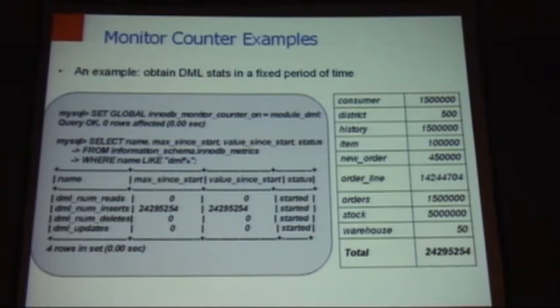If you do a select count for each of those tables, you add it up. That's exactly what the number is. And when you select from this table again, you will see the number of reads become 24 million as well. So that does all the scans. So this is just a simple, more intuitive example to see what it can give you.